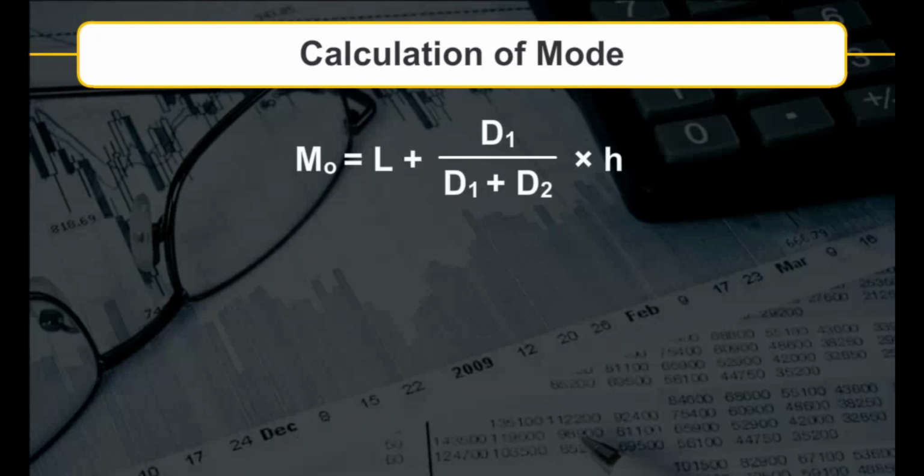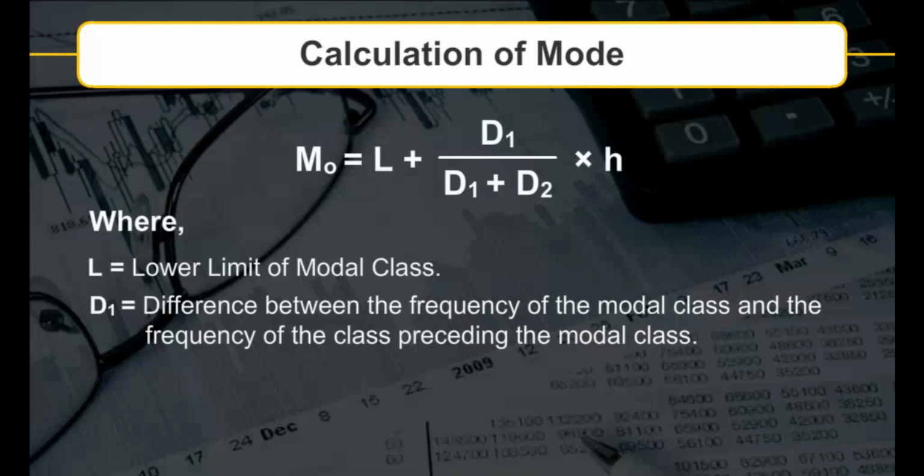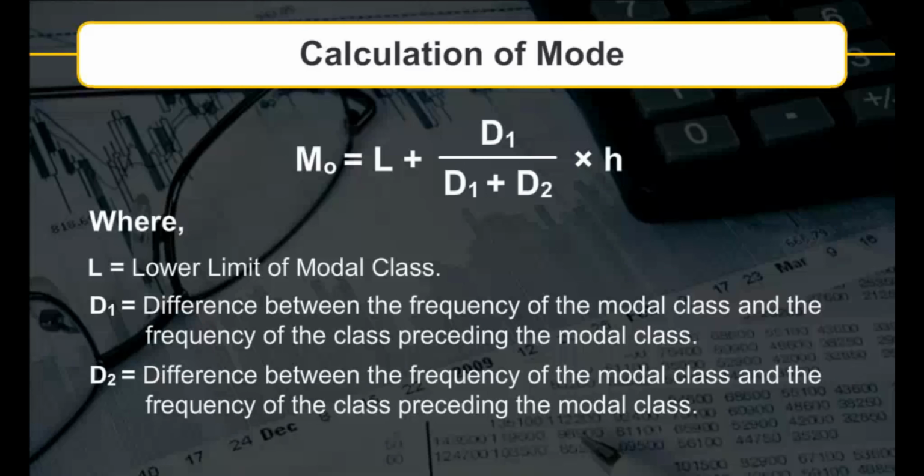MO is equal to L plus D1 upon (D1 plus D2) into H, where L is equal to lower limit of modal class, D1 is equal to difference between the frequency of the modal class and the frequency of the class preceding the modal class, D2 is equal to difference between the frequency of the modal class and the frequency of the class succeeding the modal class, and H is equal to class interval of the distribution.